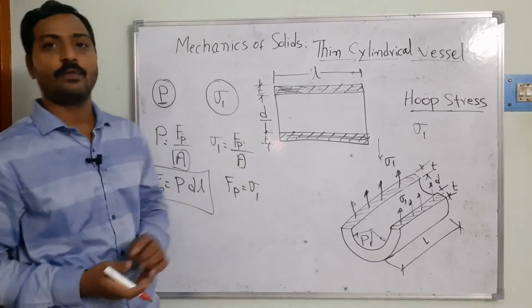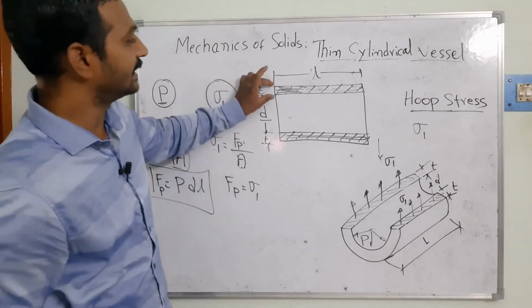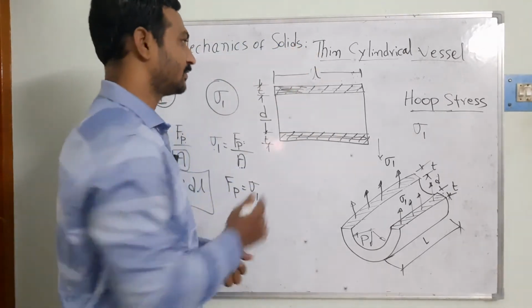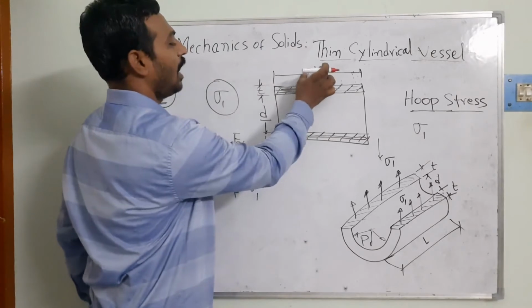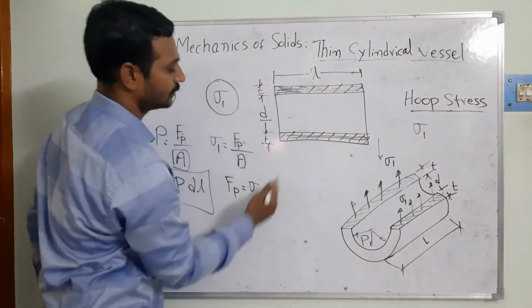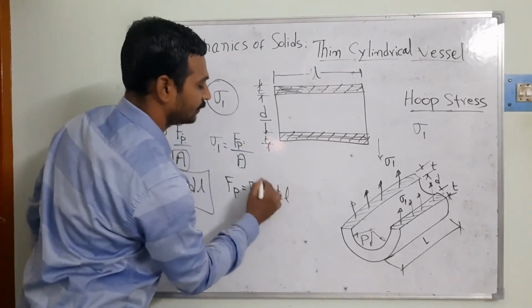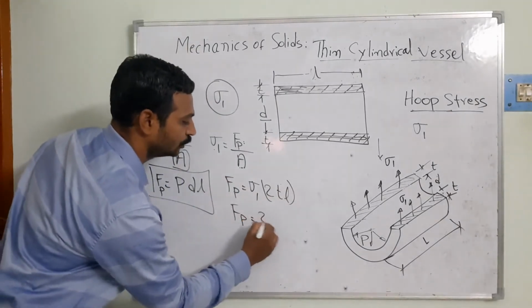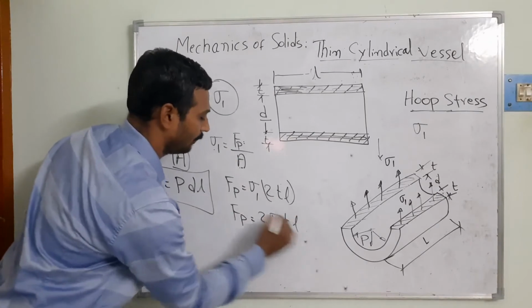Which area do we need to consider? Can you see this is the thickness and this is the L. This is the area suffering the stresses. So I am taking T into L, and this side also we have it. So 2 into T into L is the area, right? Then Fp is equal to 2 into sigma 1 T L, we got it.